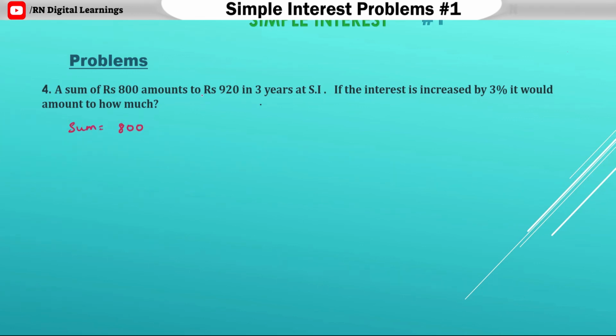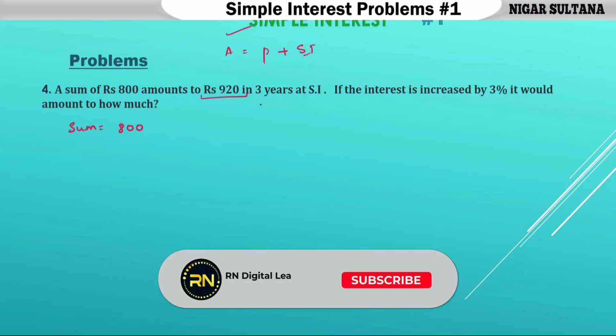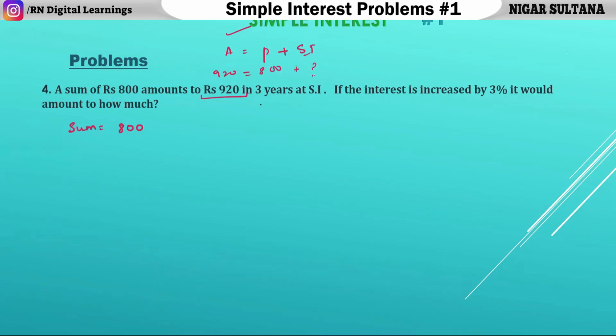Okay. Now this is your amount. Amount means, amount is given by principal amount plus simple interest. My principal is 800 and the amount is 920. So what will be my SI? That is simple interest. Simple interest will be 120. When I add 120 along with the principal amount 800, I will be getting 920. What is the time given? 3 years.